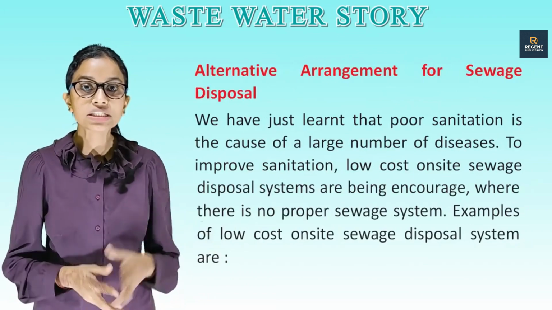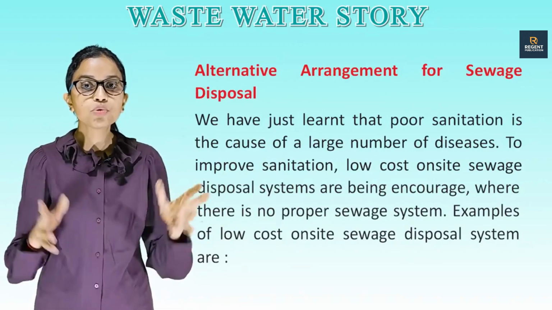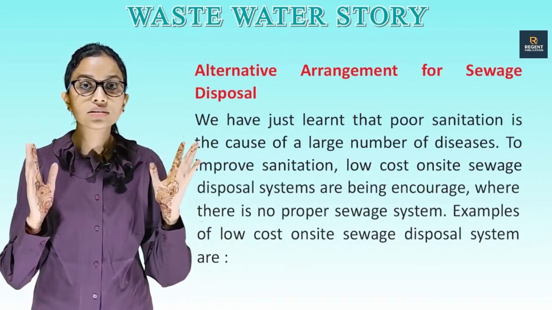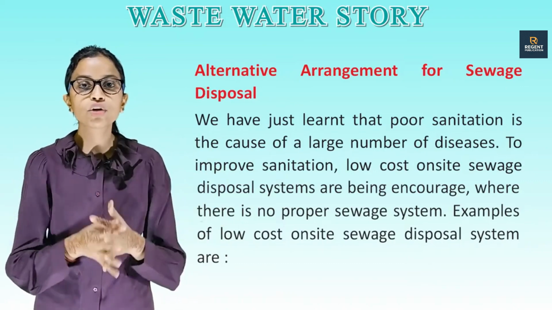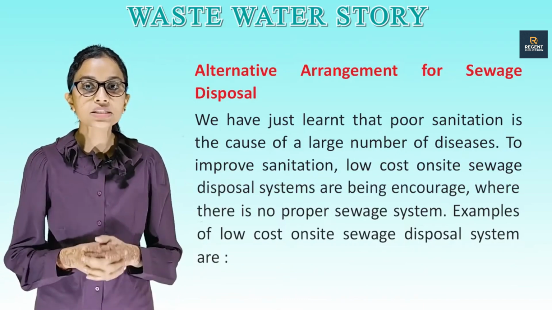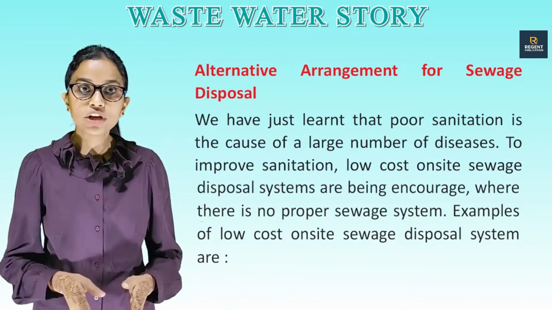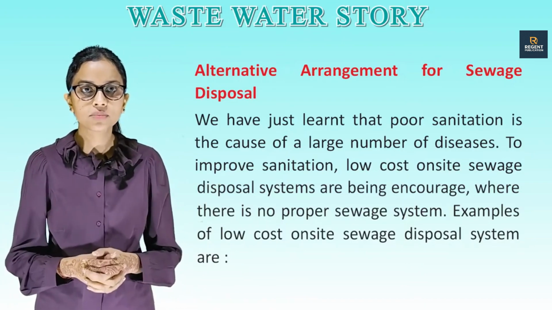Alternative arrangement for sewage disposal. We have just learned that poor sanitation is the cause of a large number of diseases. To improve sanitation, low-cost on-site sewage disposal systems are being encouraged where there is no proper sewage system.